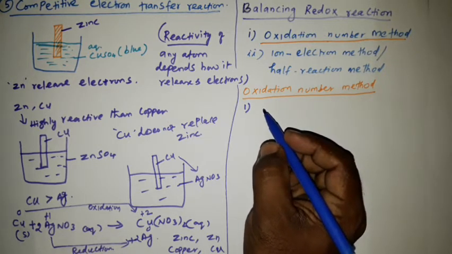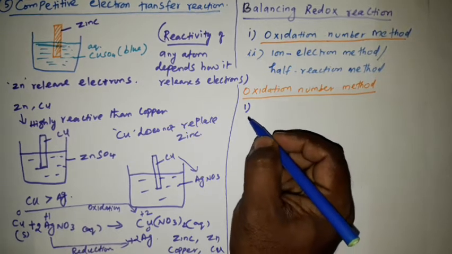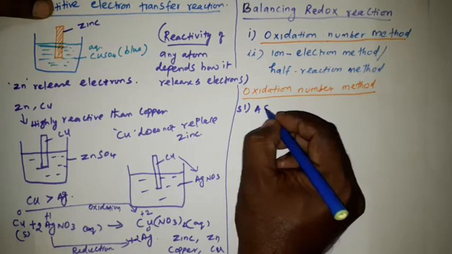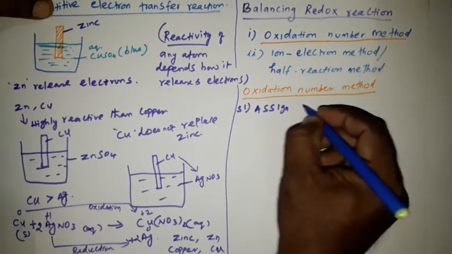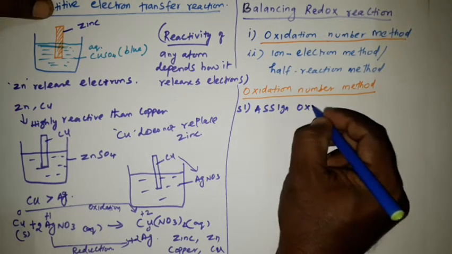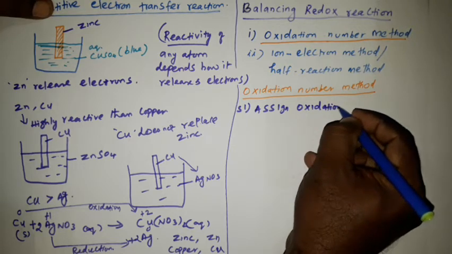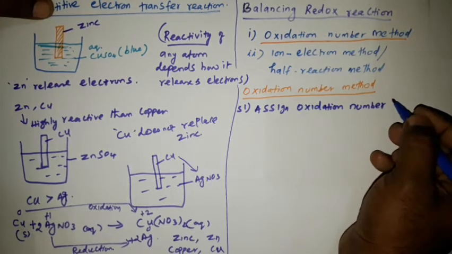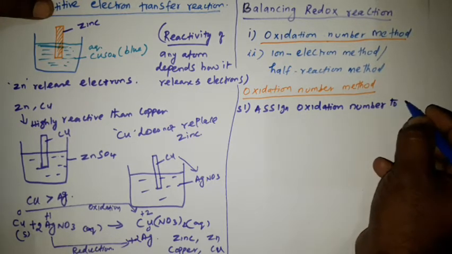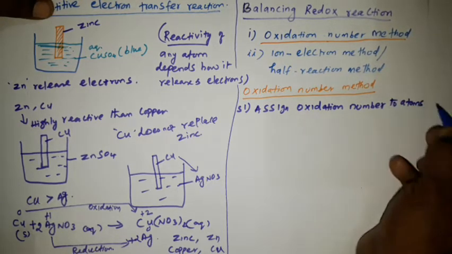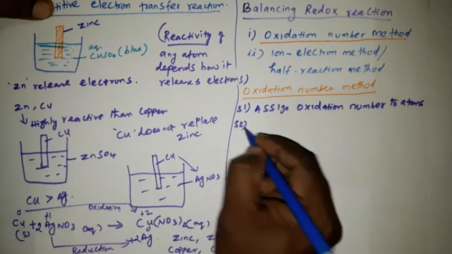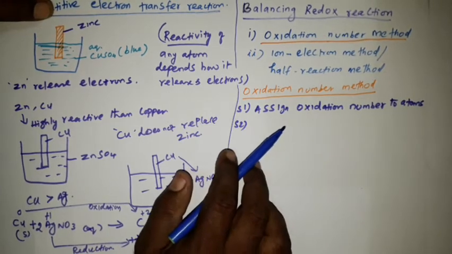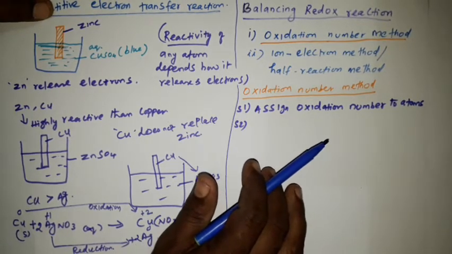Just write the equation. Then step 1, assign oxidation number to the atoms. After writing the equation, first assign oxidation number to all atoms.